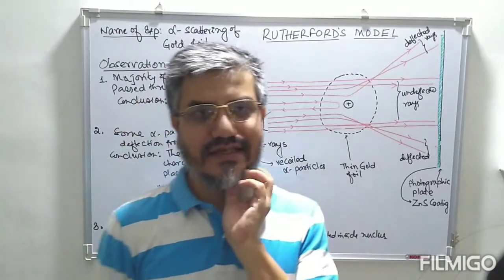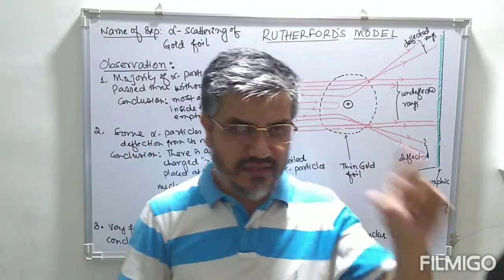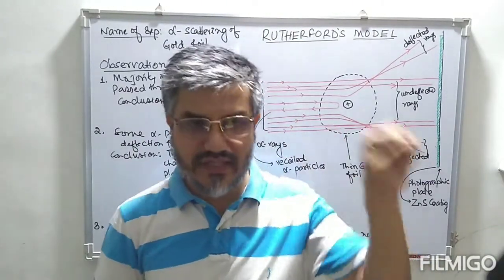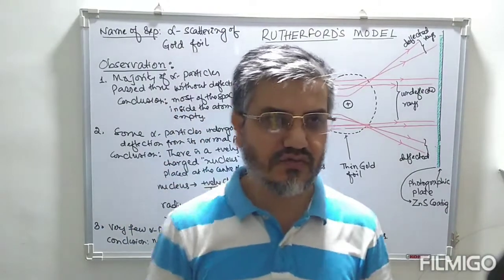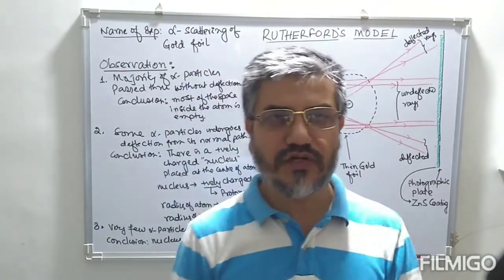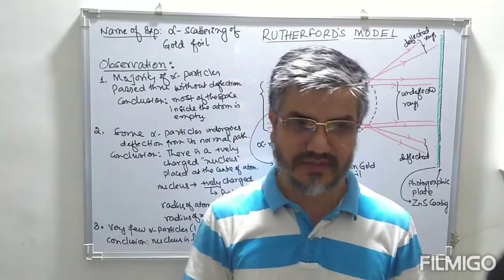Next difference is that in the solar system only one planet moves in a given orbit, whereas in an atom more than one electron moves in a circular orbit.